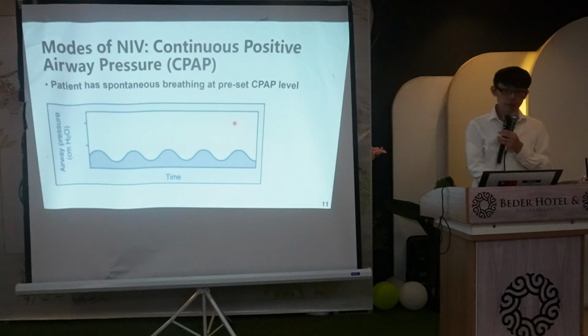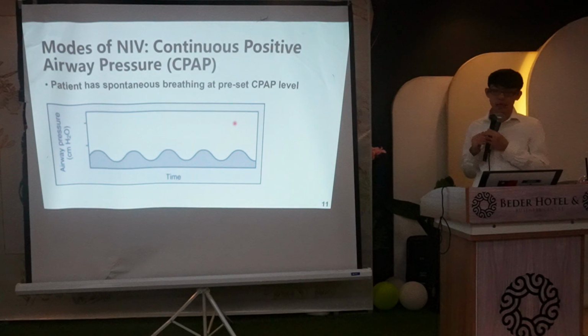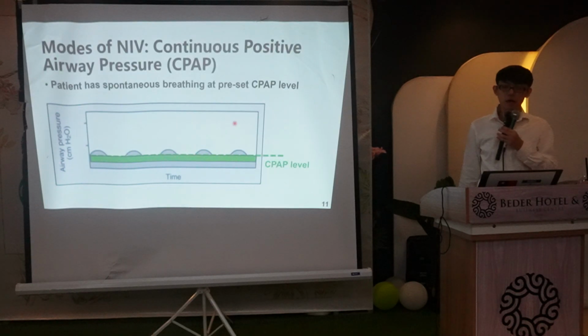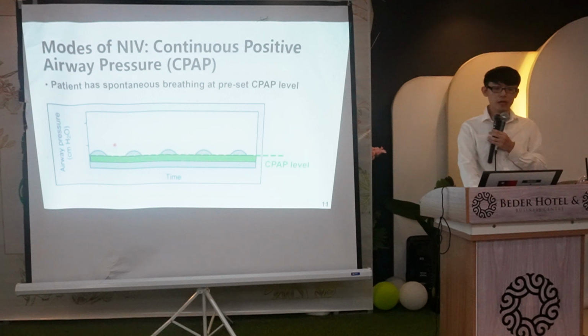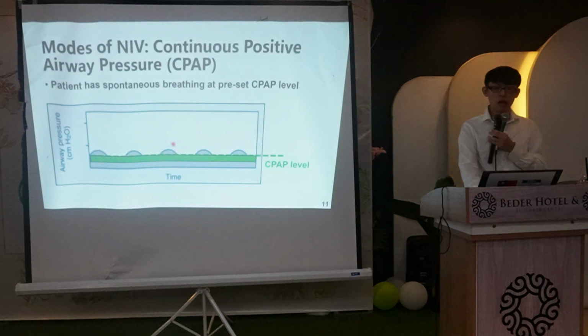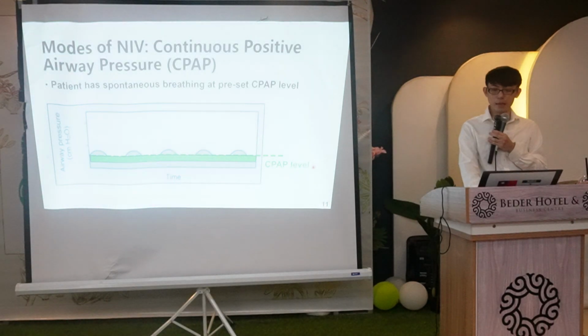Okay, and next I will talk about the modes. The first is CPAP, the other is BiPAP mode. In CPAP mode, you just set a pressure, and the patient can breathe spontaneously under this pressure. So you just need to set what we call the CPAP level.